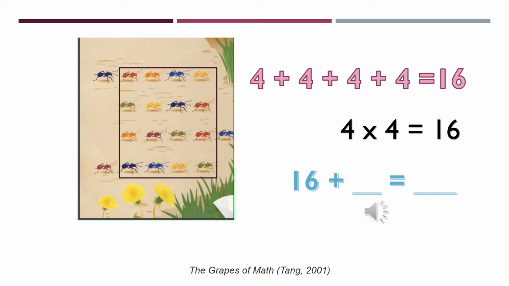So we said 4 times 4 is 16. 16 ants were in the square, plus 3 ants were outside the square, equals 19 ants all together in the army.